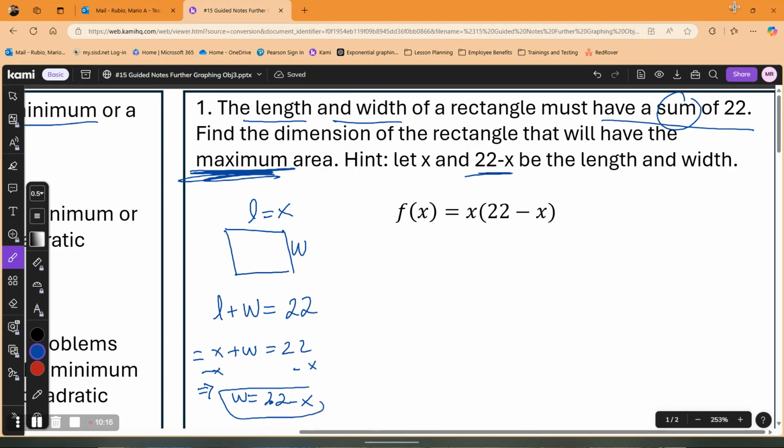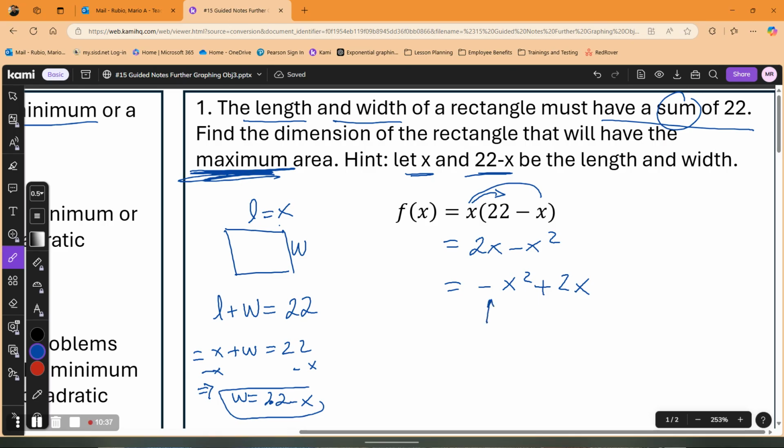That's where this came from, and that's where this came from. So we kind of set up the equation for you. What we need to do is distribute this and distribute this. We get 22x minus x squared. We're going to rewrite this.